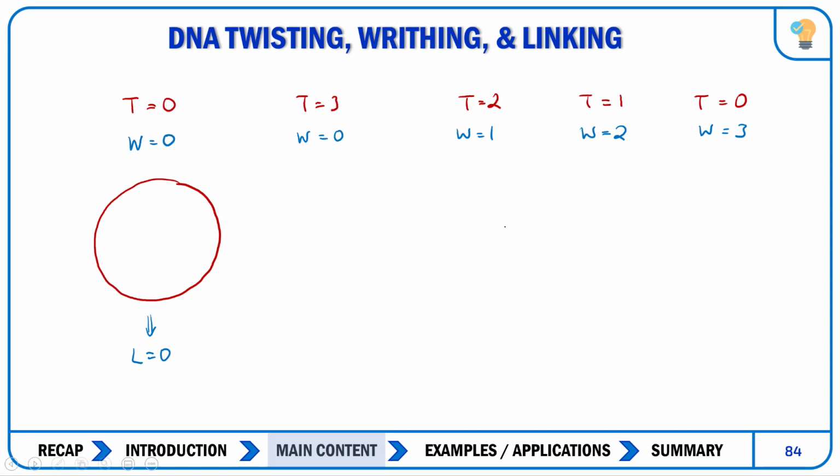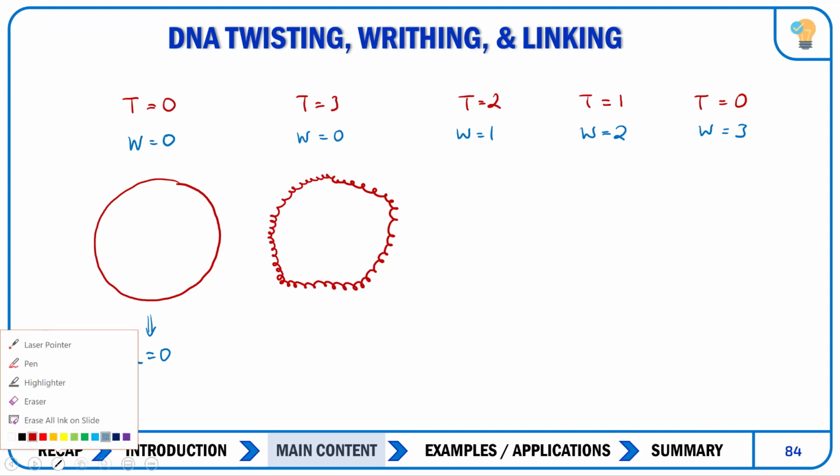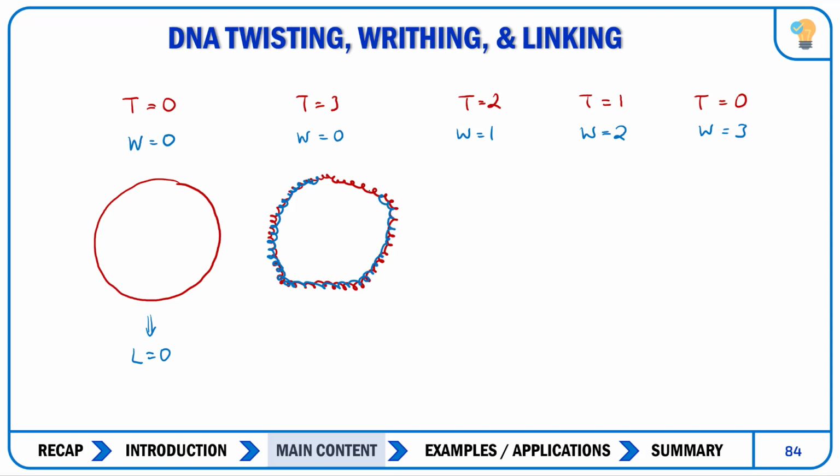So if I have a twist of 3 and a writhing of 0, this basically means that I have very twisty DNA that looks like this, and there's 2 strands, so I gotta make sure I draw both of them. So that would be a twist of 3 and a writhe of 0.